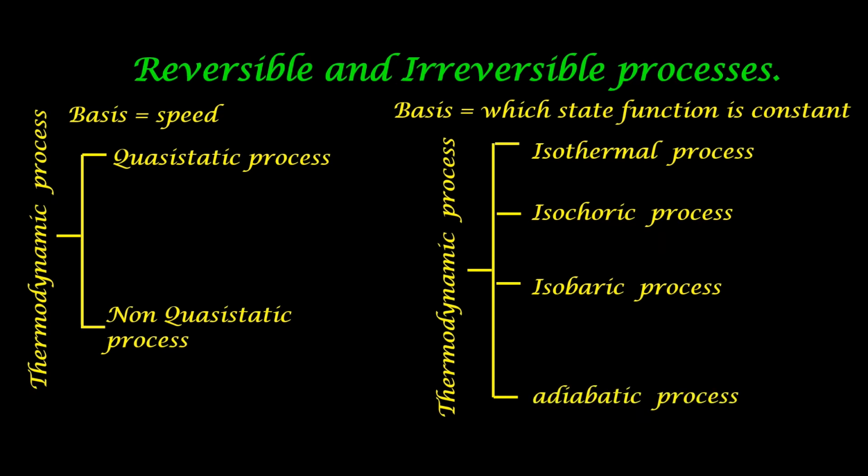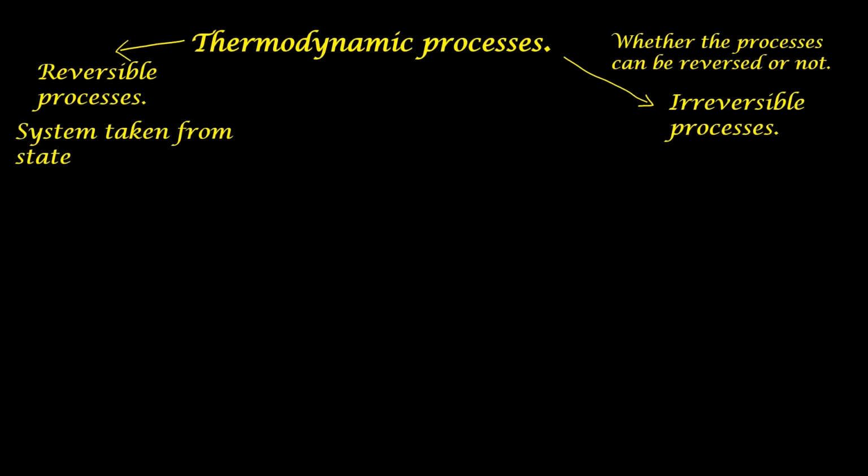In this video, we will classify thermodynamic processes on another basis. They can be classified into reversible process and irreversible process. What is the basis? Whether the process can be reversed or not. These are the two processes. Now let us see which type of processes are considered as reversible processes. A system is taken from initial state to final state.